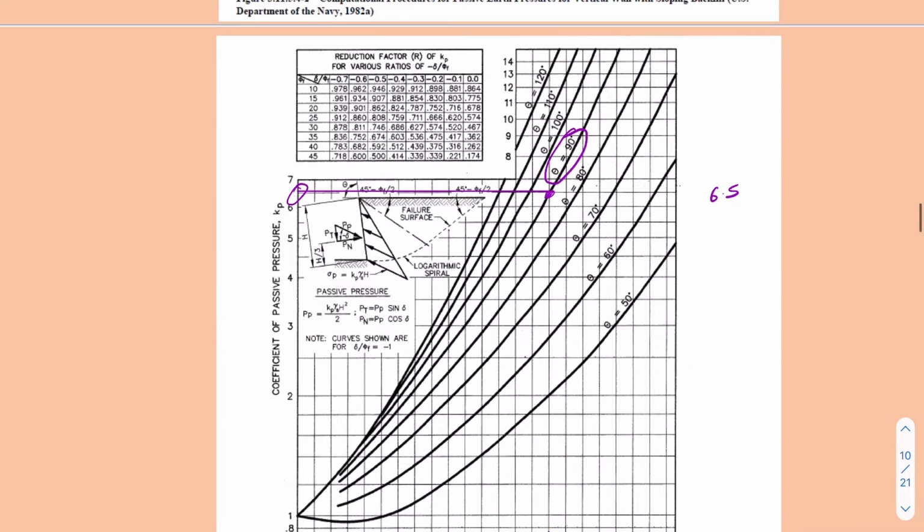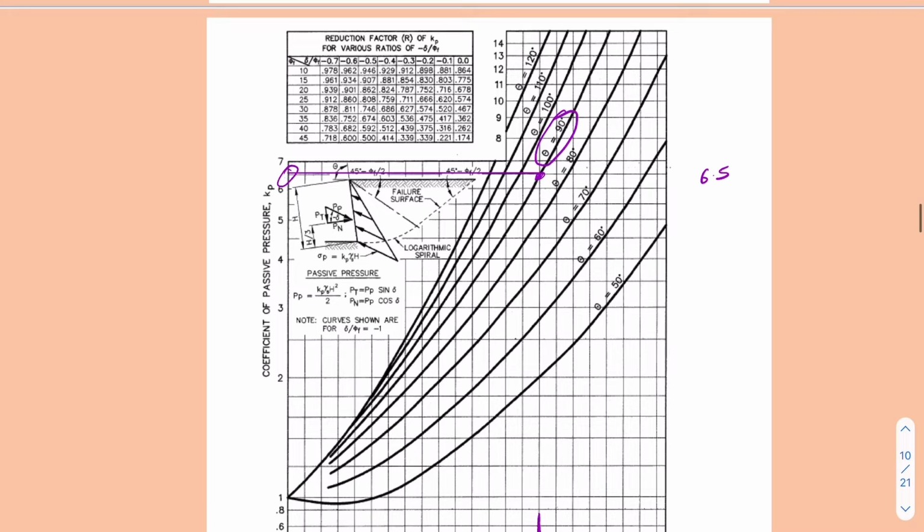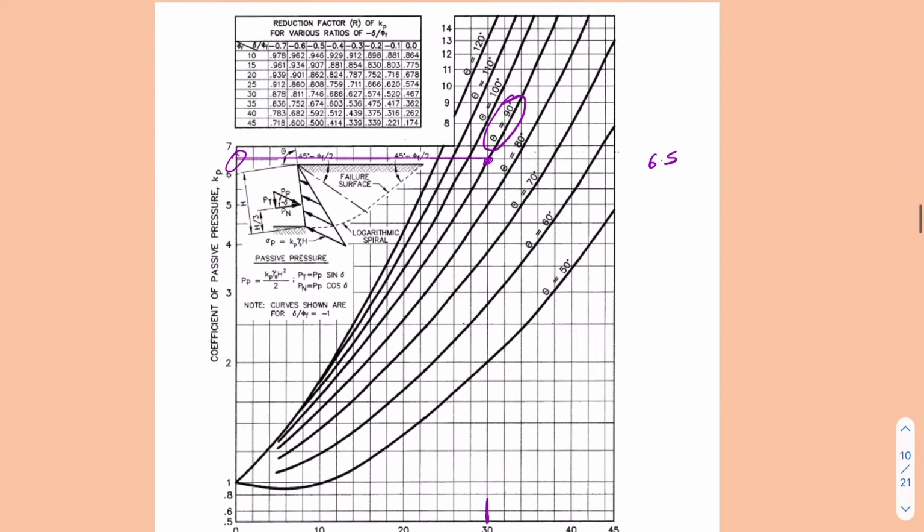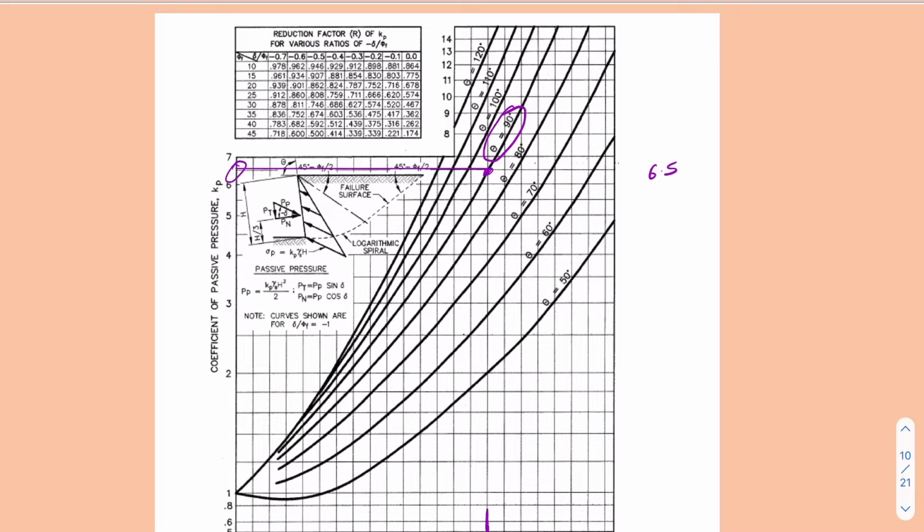But there is a reduction factor for various ratios of delta and the internal friction angle phi. So we will also correct using that reduction factor. We'll just multiply 6.5 with whatever we get from this table. So for delta by phi, we have 14 by 30, and this is 0.47.